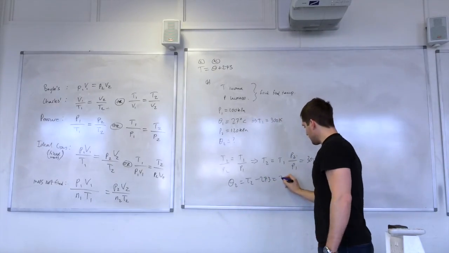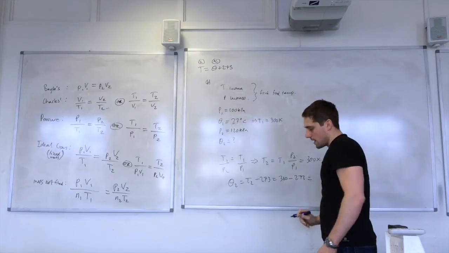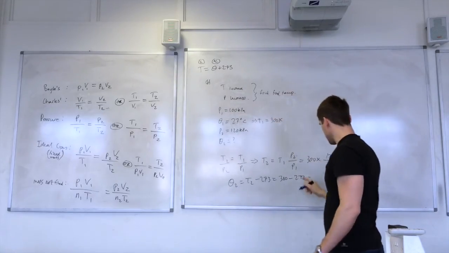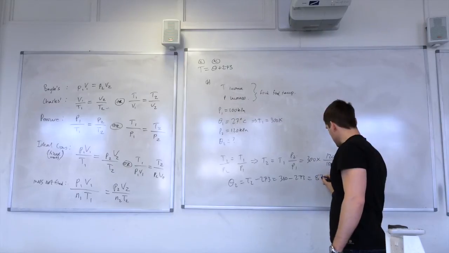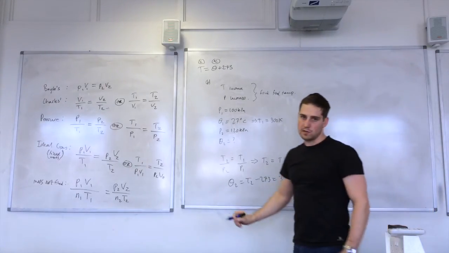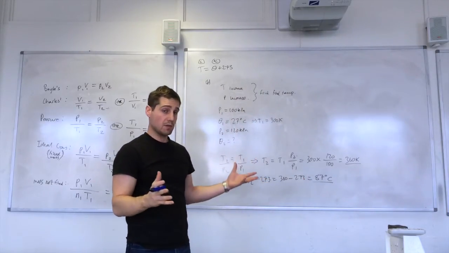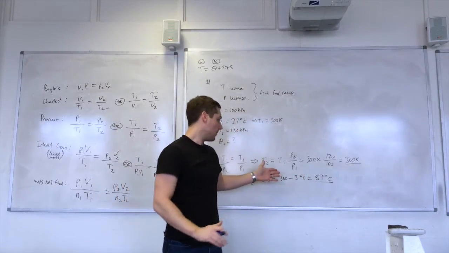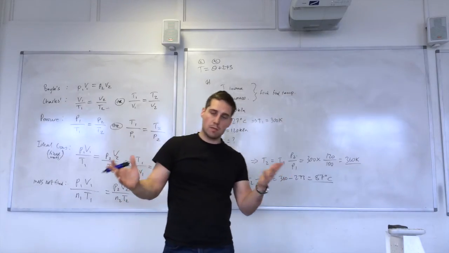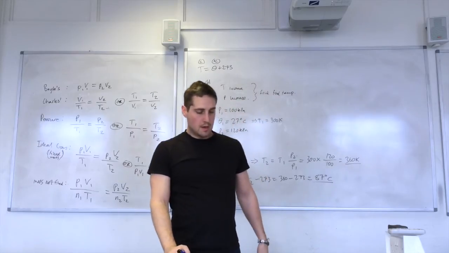So if you do 360 minus 273, then we should get 87 degrees C, and that's the answer that we would state. So you see how you can understand 87 degrees C is very hot, whereas 360 Kelvin maybe not. You could understand what that means.